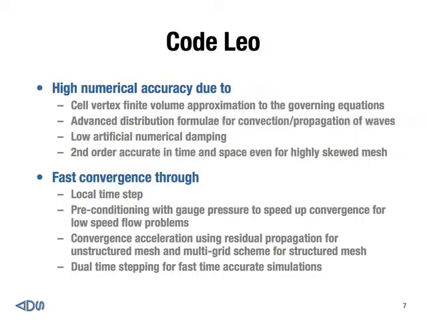Then the second, we use fourth order smoothing. The only reason we use fourth order smoothing is not to make the solution stable. It's to touch it up, because we use this distribution formula or convergence acceleration multi-grid. When you start using an interpolation scheme, which is now physics-based, you introduce error.